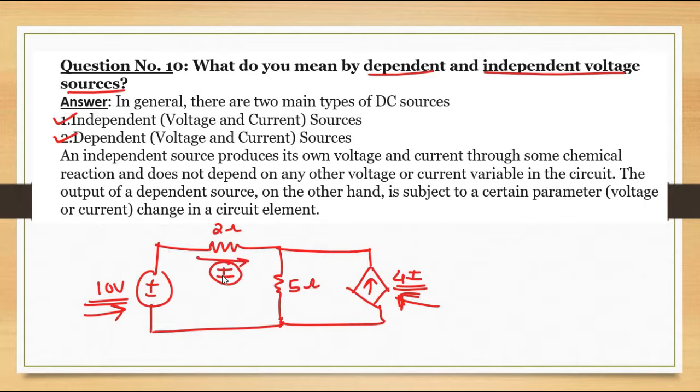So if the value of I is going to change, then definitely the value of this current source will also change. So these are our dependent sources and these are our independent sources. Hope that you have understood this.